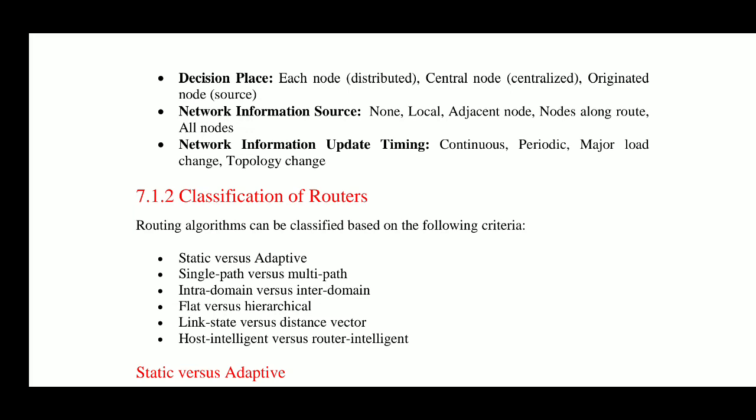When we continuously update this information, it incurs a high computational overhead. When we do it periodically, it is average computational overhead. And whenever we do it event-wise, like major load change or topology change, less overhead is incurred.